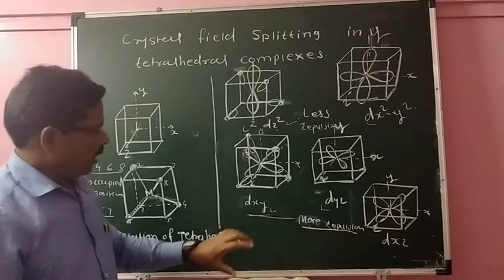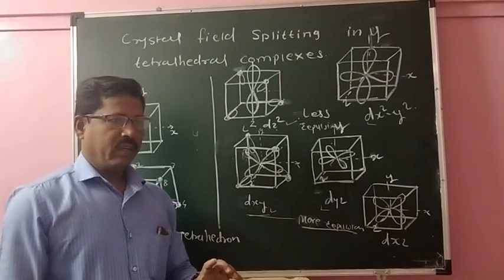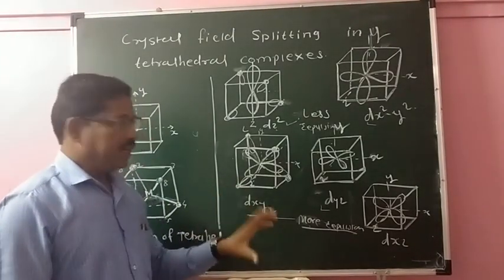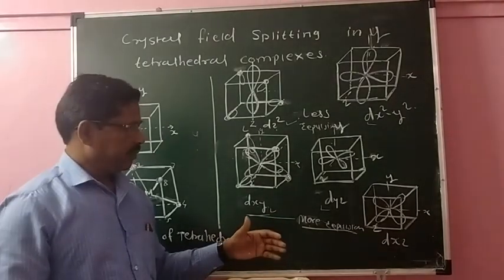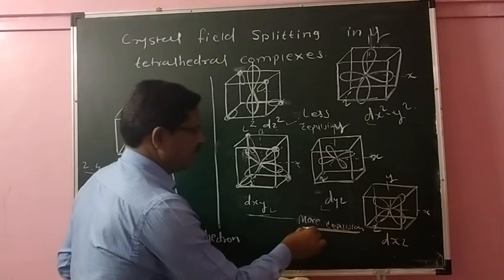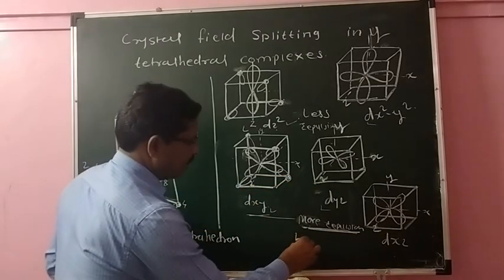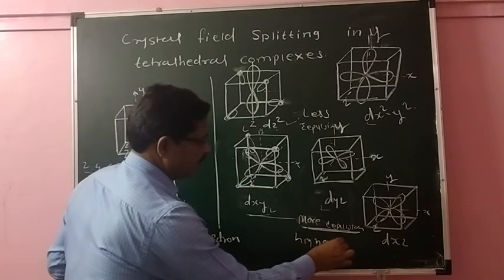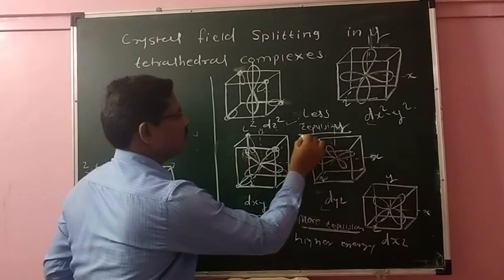Therefore the d orbitals are split into two sets. The orbitals with more repulsion are higher in energy, and the others are lower in energy.